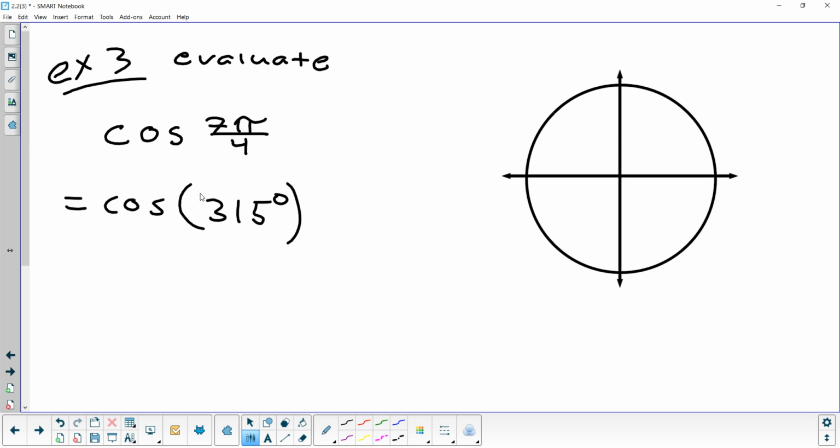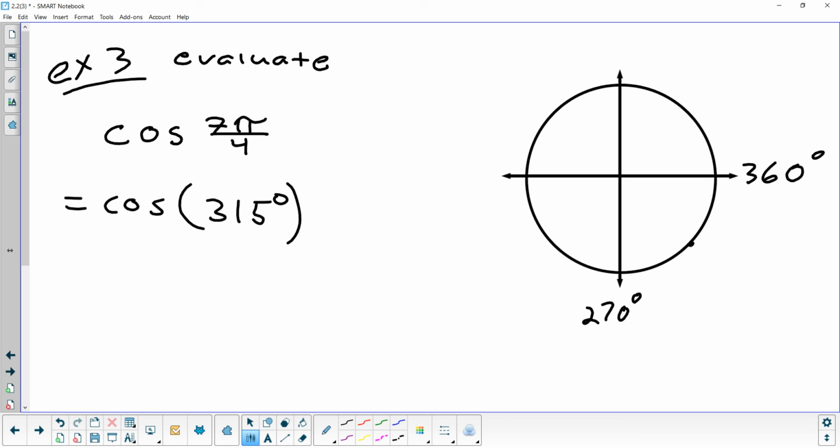All right, so let's mark up the diagram and see where that's going to go. I know that's 270, and I know 360 is all the way around. So Raymond, where's 315 going to go? Closer to 270? Closer to 360? Right in the middle.